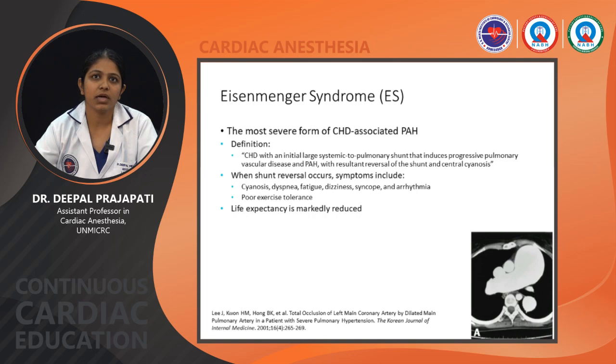When shunt reversal occurs, symptoms include cyanosis, dyspnea, fatigue, dizziness, syncope, and arrhythmia. It also causes poor exercise tolerance. Life expectancy with Eisenmenger syndrome is markedly reduced.